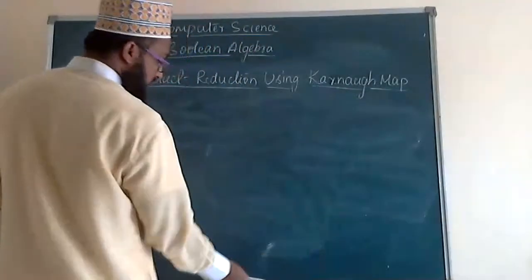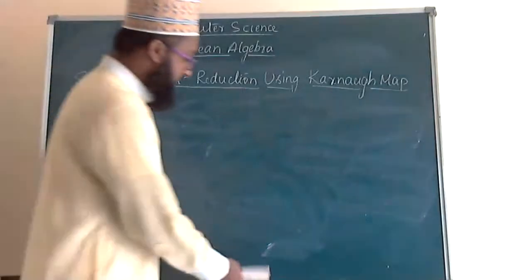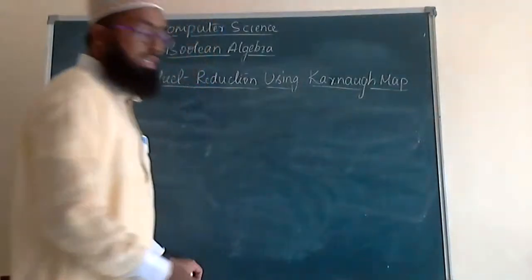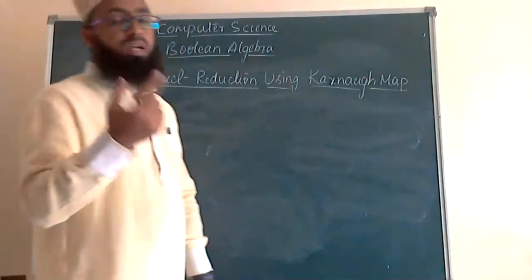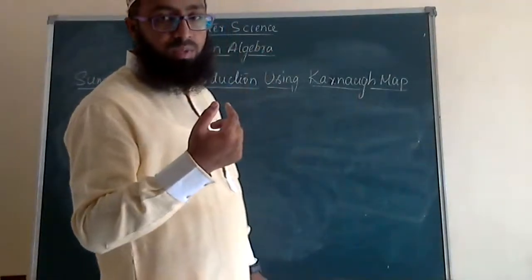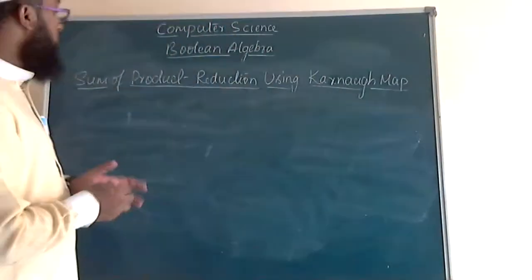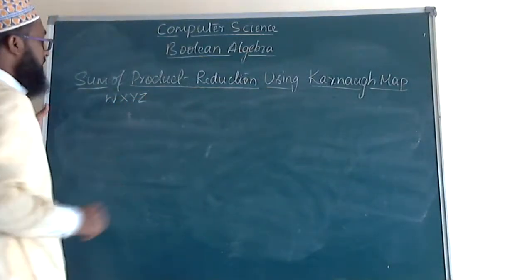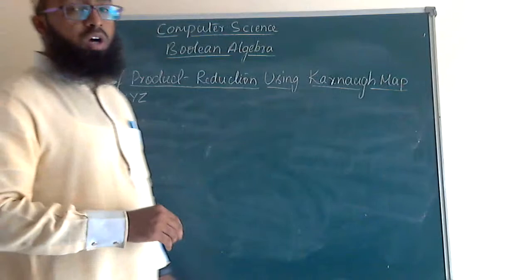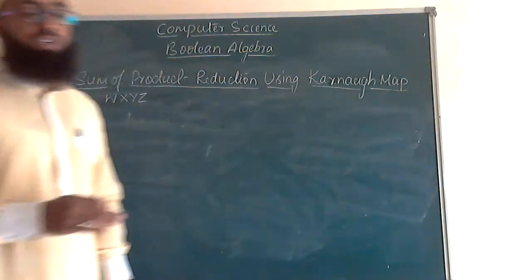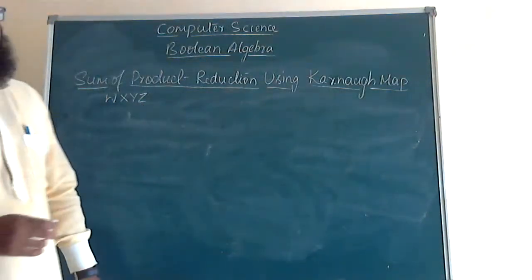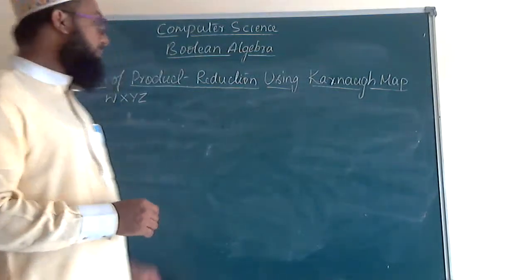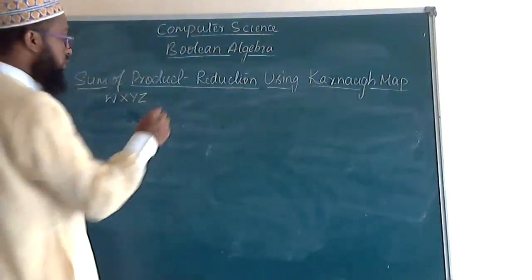You have seen the first one, the 2 variable Karnaugh map, and the next one, the 3 variable Karnaugh map. Now I will take W, X, Y, Z, 4 variables. So how can we represent these 4 variables in a Karnaugh map?